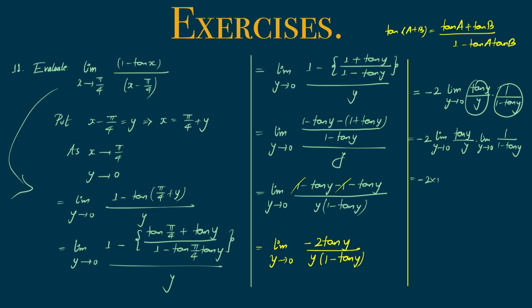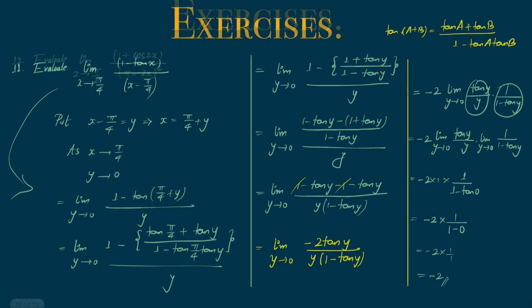So minus 2 into 1 into, now in this portion I can put the value of y as 0 here. There is no problem, so it will be 1 by 1 minus tan 0. So it will be minus 2 into 1 by 1 minus tan 0, which is 0. So it will be minus 2 into 1 by 1, and the final answer for this question is minus 2.